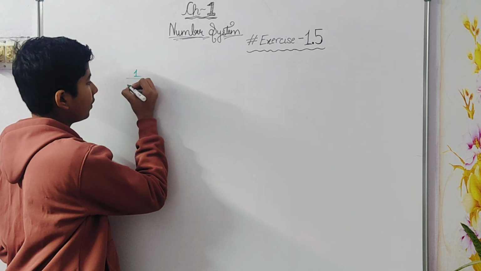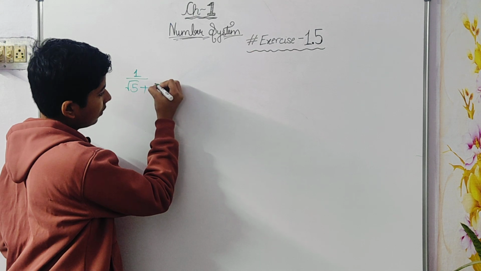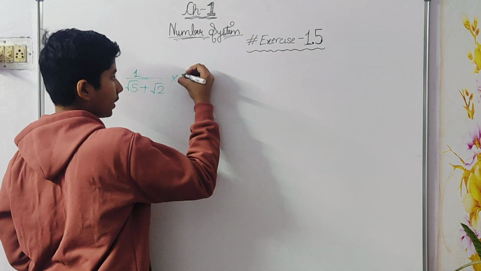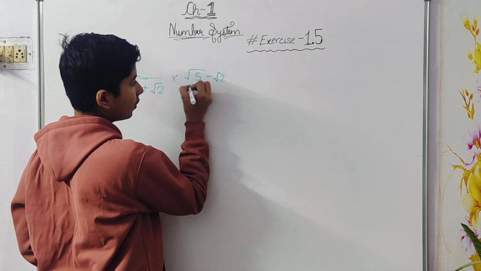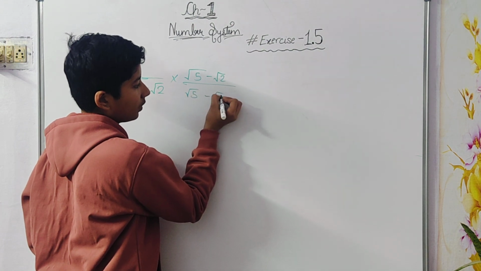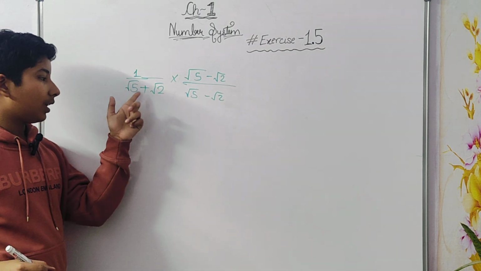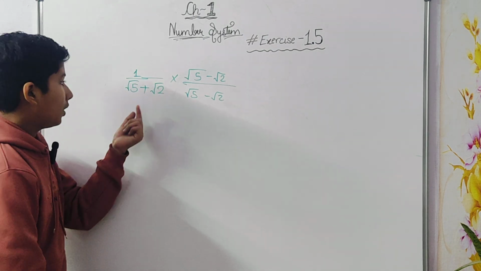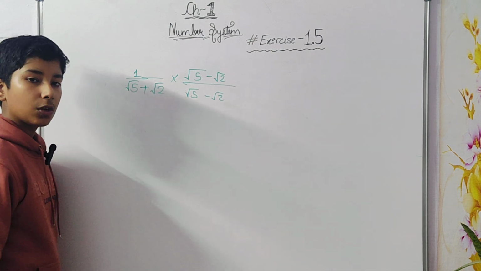Let's erase it. 1 upon root 5 plus root 2. So what will we do? We'll multiply by root 5 minus root 2. Like in the previous question, the difference between these two numbers, if you remove the roots, say the roots are invisible, 5 minus 2 is 3, which is not equal to 1.